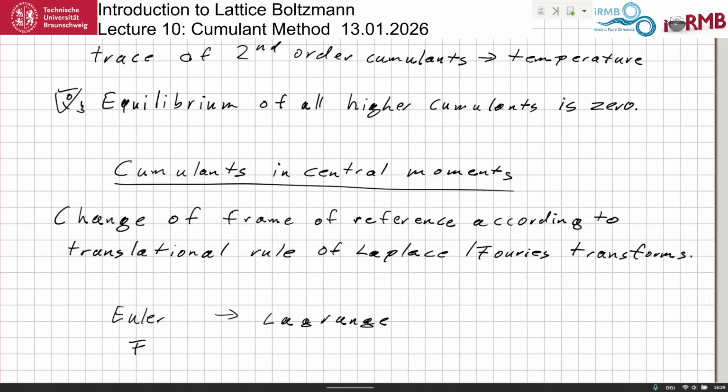If you look into the definition of the Laplace transform, it is not so difficult to see that the translation of the function is a multiplication with this exponential function, where again the sign convention is opposite to the standard transform.